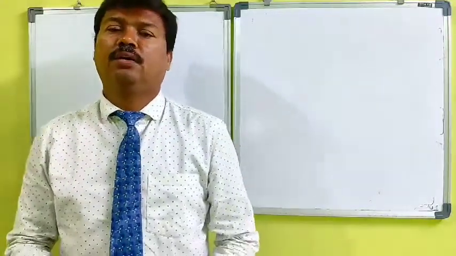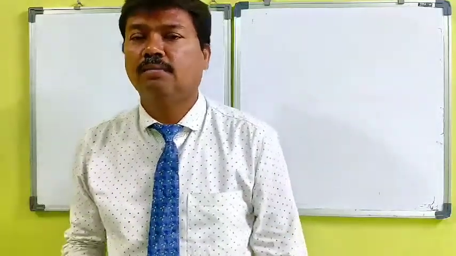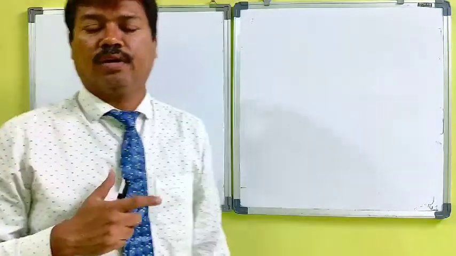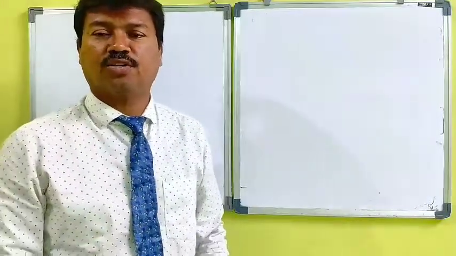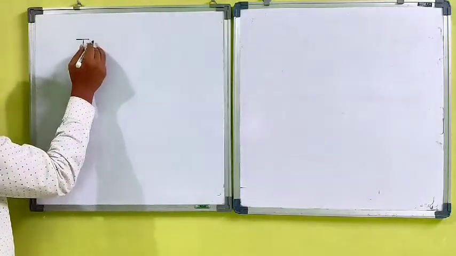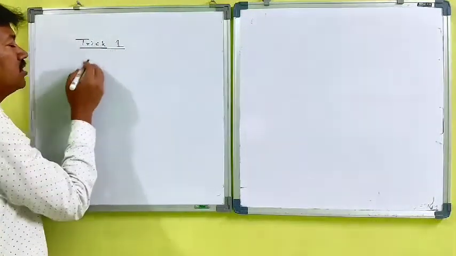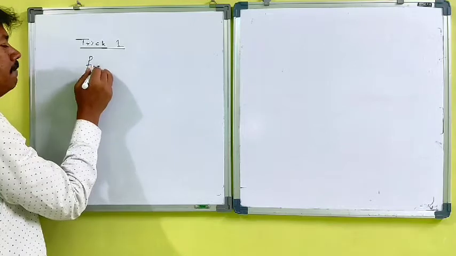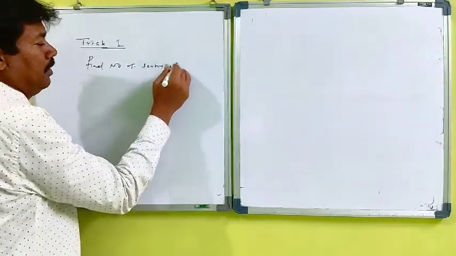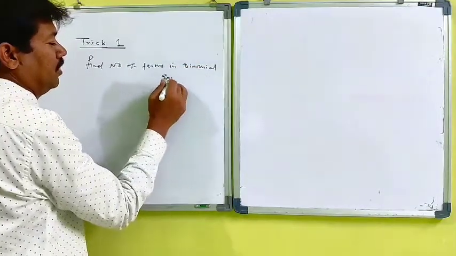Hello, so now we are going to discuss shortcut tricks, how to solve binomial theorem questions very fast. So see what the trick is. Trick 1: in this trick, there is a question like this: find the number of terms in a binomial expansion.